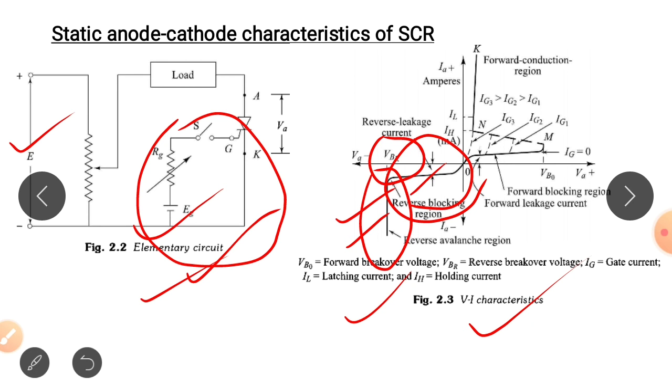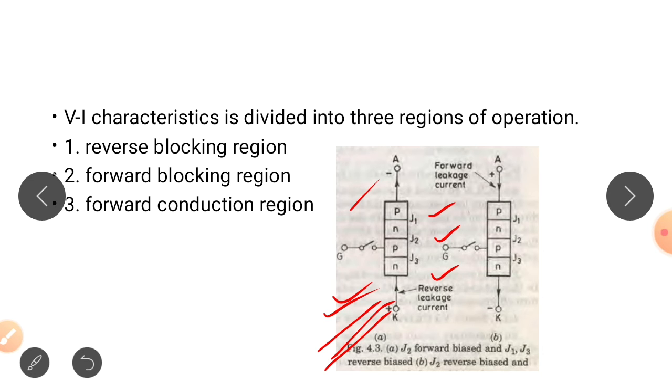So what happens in the forward blocking mode? When the anode is positive with respect to the cathode, the thyristor is said to be forward biased. In this case, junctions J1 and J3 are forward biased and junction J2 is reverse biased.